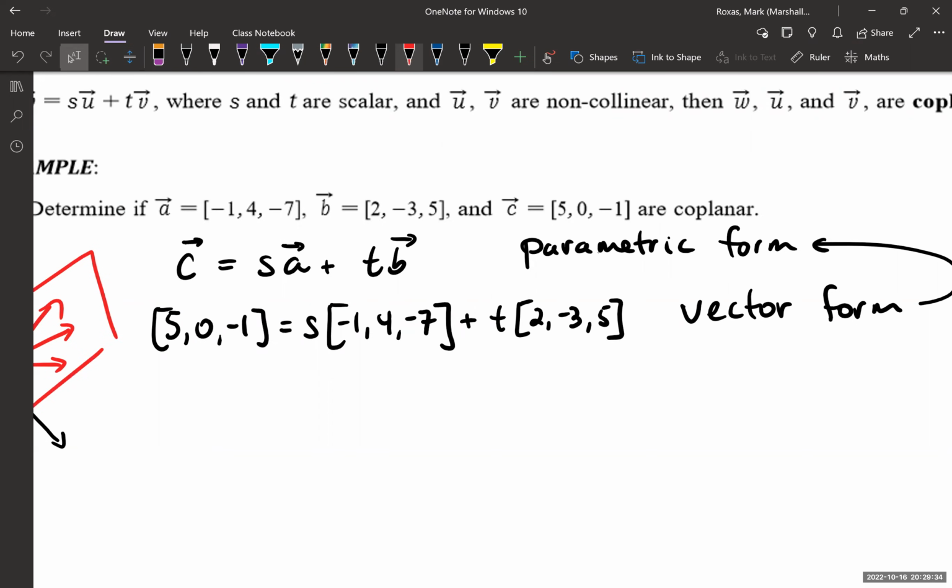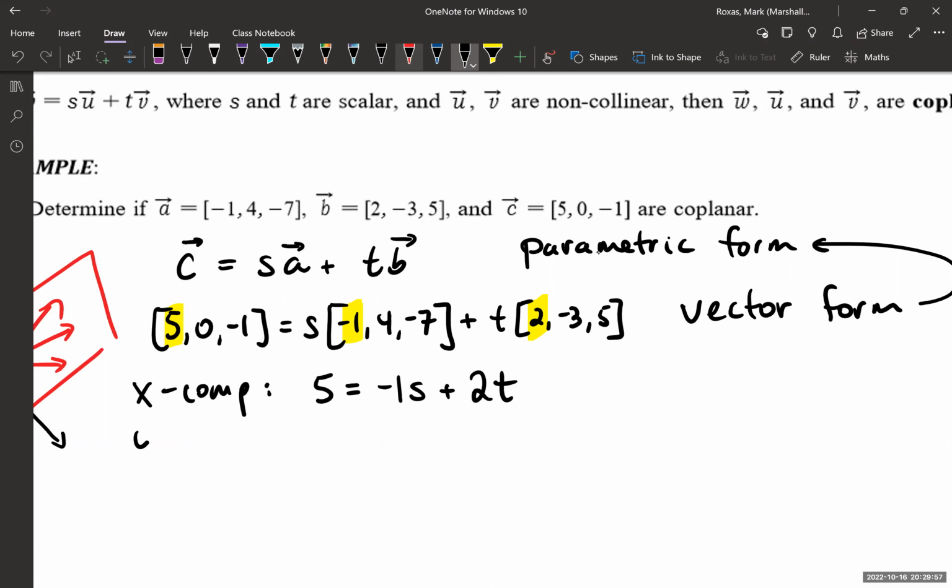So what are the x components? I've got 5 in that vector, -1 in this one, and 2 in that one. For the x component, I have 5 equals -1s plus 2t.